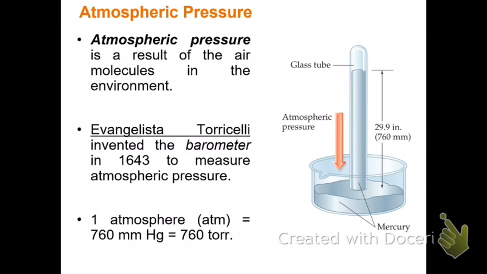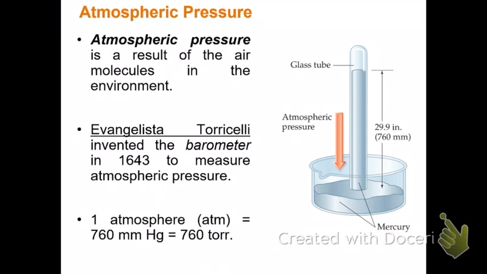And you can always convert this to other units of pressure, right? 29.9 inches of mercury, if you convert that to millimeters of mercury, would be 760 millimeters of mercury. So again, atmospheric pressure pushes down onto the liquid mercury, causing it to rise up in the tube, and the height of the liquid mercury is the atmospheric pressure.